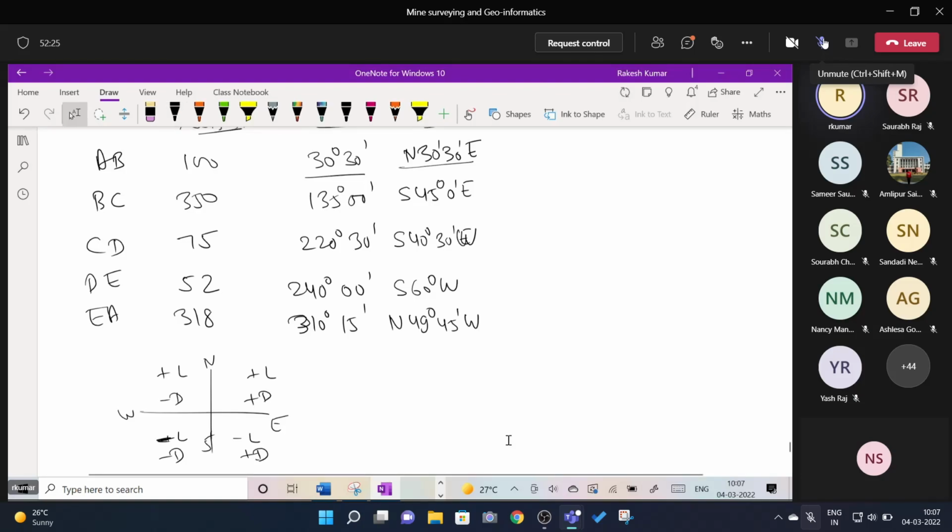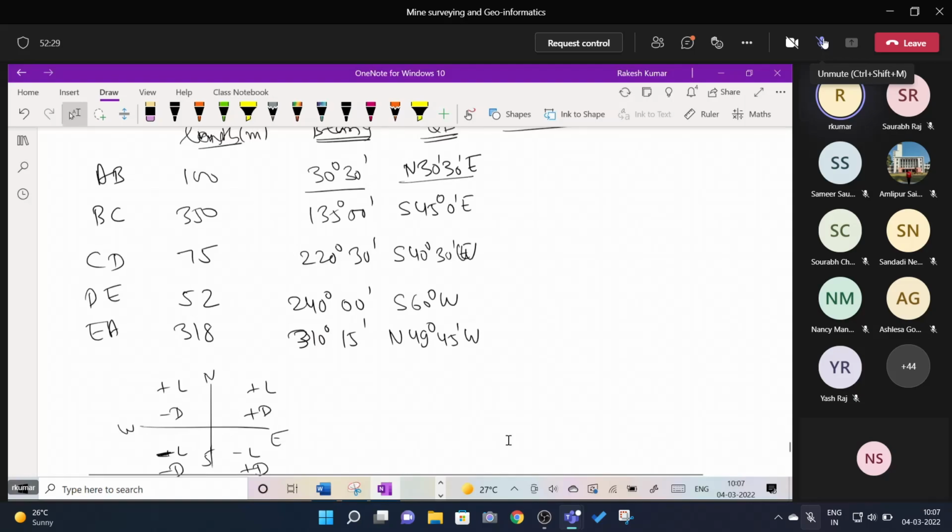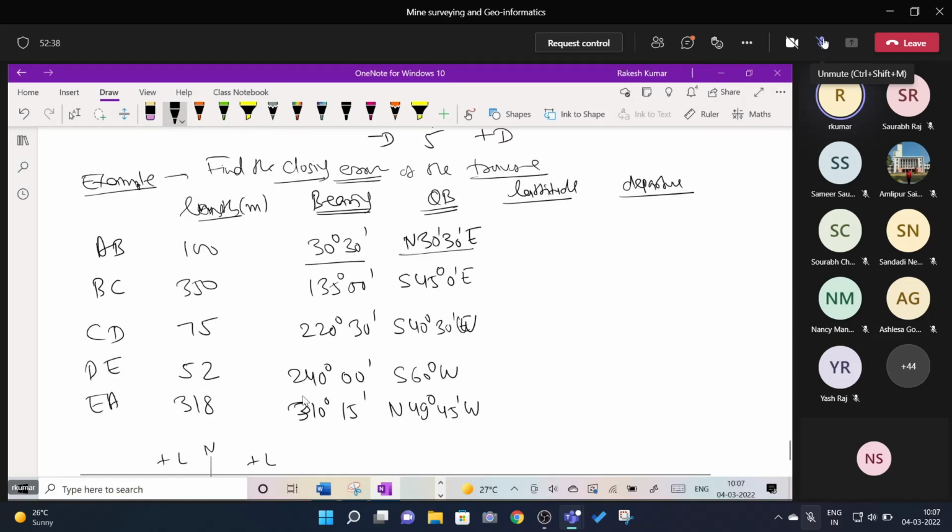So now let me know what is latitude here. This is north and east, so it means your latitude and departure both will be positive. Latitude means L cos theta, and departure will be L sin theta. Quickly, can you give me the values?